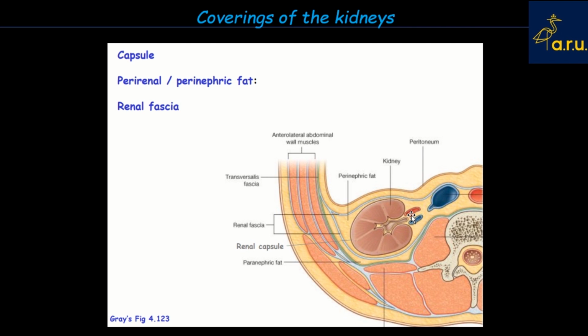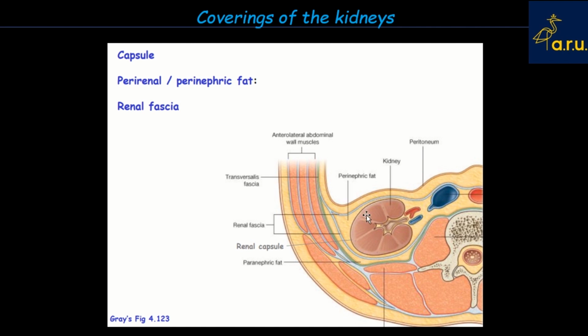So now if you look over here, the kidney is surrounded by a connective tissue capsule, a fibrous capsule. Outside the capsule, the kidney is further surrounded by a layer of fat shown in yellow over here. This is the perinephric fat. The perinephric or the perirenal fat is going to be enclosing the suprarenal gland as well. So it is a common covering for both the kidneys and the suprarenal gland.